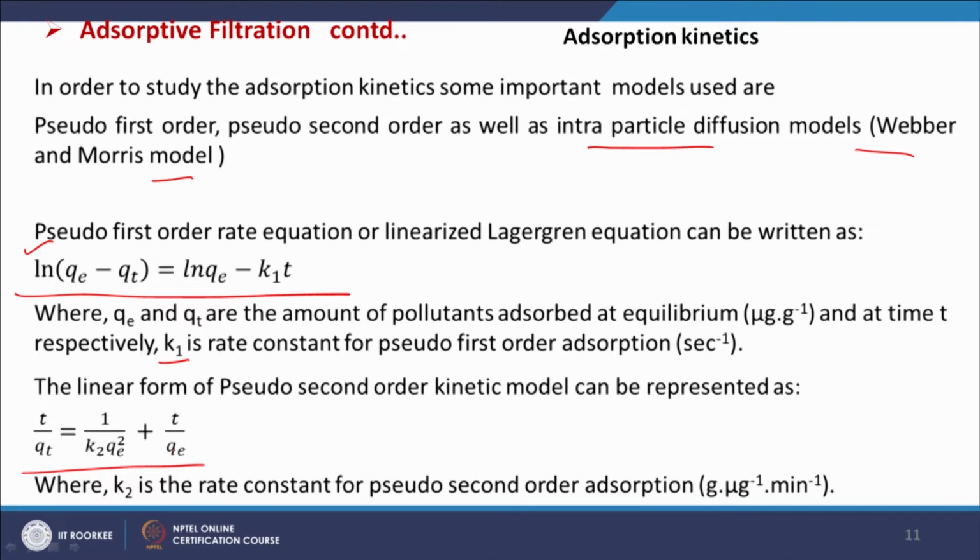Theoretically calculated Q_e, the equilibrium specific uptake, compared with the one obtained experimentally, will give some error, and the error value will help us determine which model more accurately represents the phenomenon.